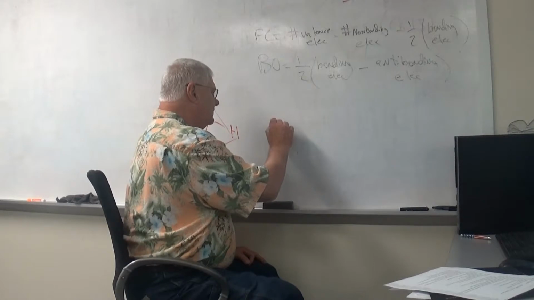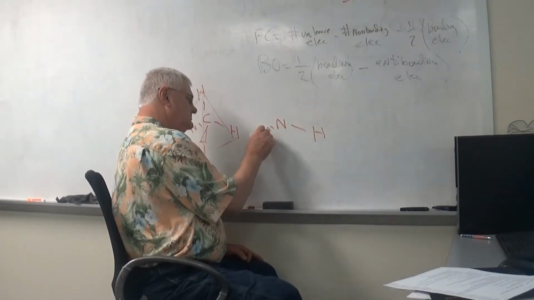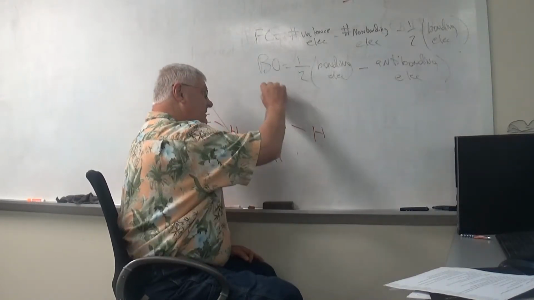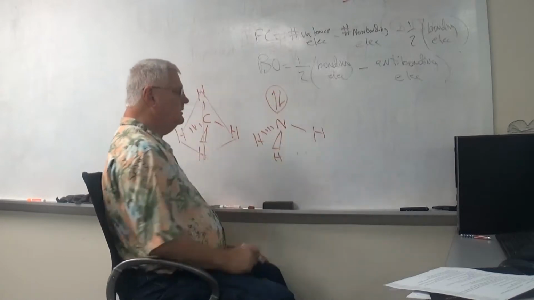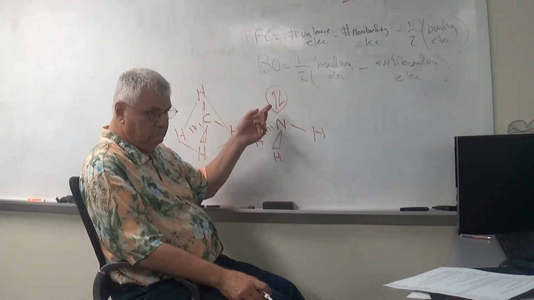Now with ammonia, you have a hydrogen here, here, and here, and you have a pair of electrons here. The electronic geometry of ammonia is still a tetrahedron.